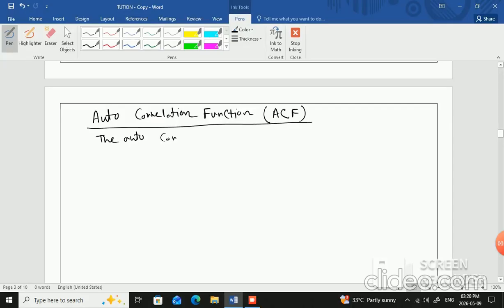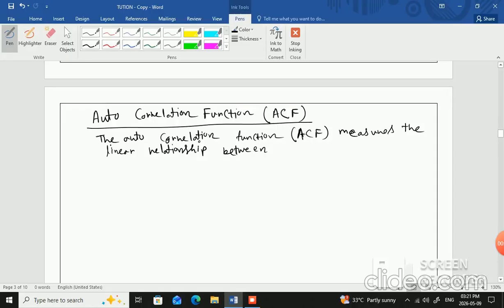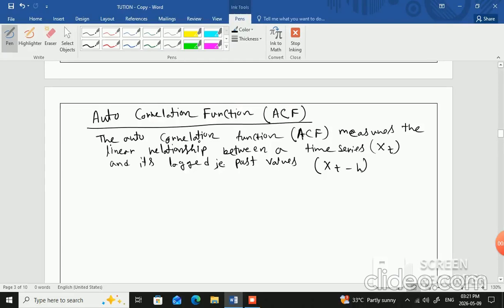The autocorrelation function ACF measures the linear relationship between a time series xt and its lagged, that is past values, xt minus h, where h is the lag.